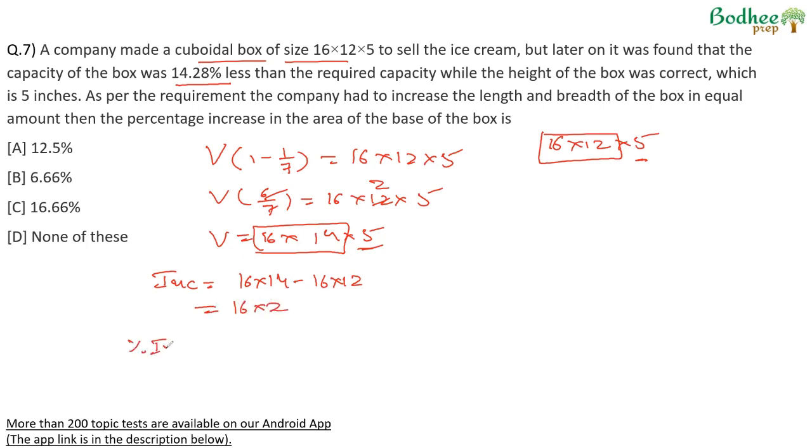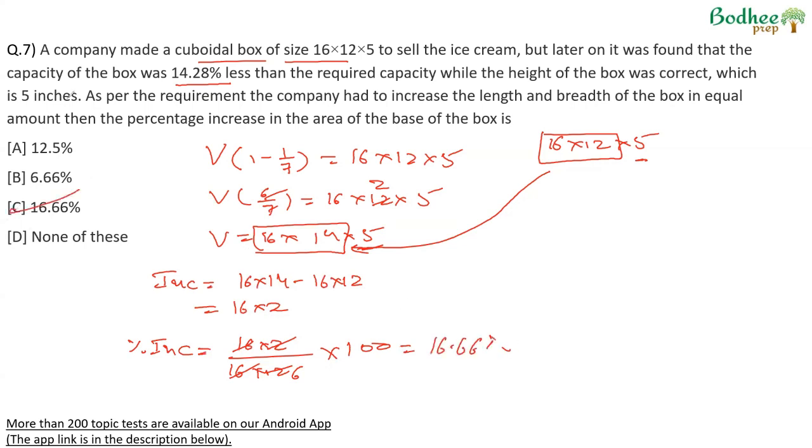And therefore, percentage increase is 16 into 2, the increase, upon the base 16 into 12, this is the starting value, into 100. 16 cancel, 2 by 12 is 1 by 6. Therefore, 1 by 6 of 100%, which is 16.66%, becomes the answer.